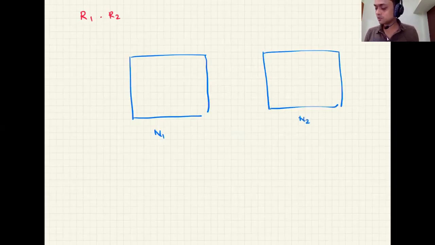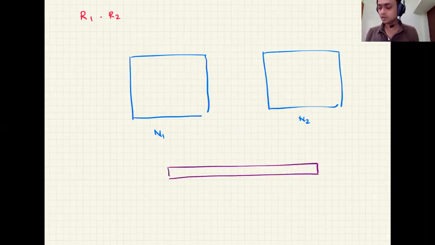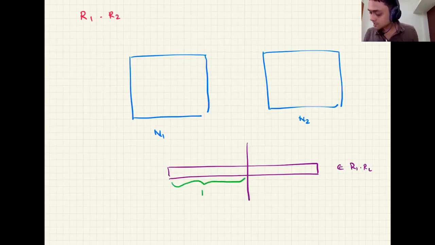If a word belongs to R1 dot R2, then there is a part of the word that is accepted by N1, and from that point on, the rest of the word is accepted by N2.